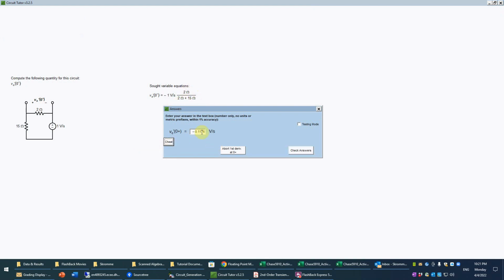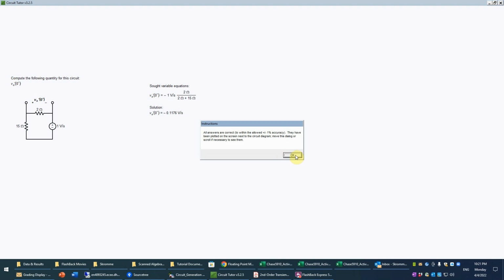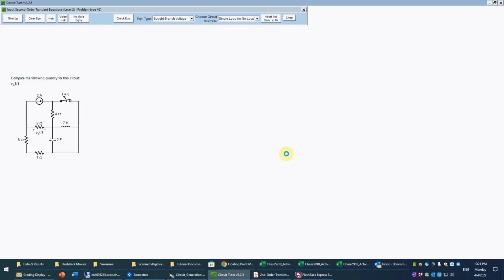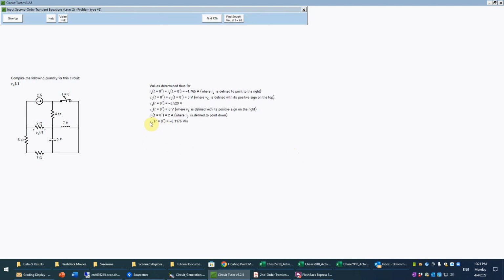So that works out to be negative 0.1176, again, volts per second. And that is correct. And basically, that's what we needed, was this V0 prime at 0 plus.